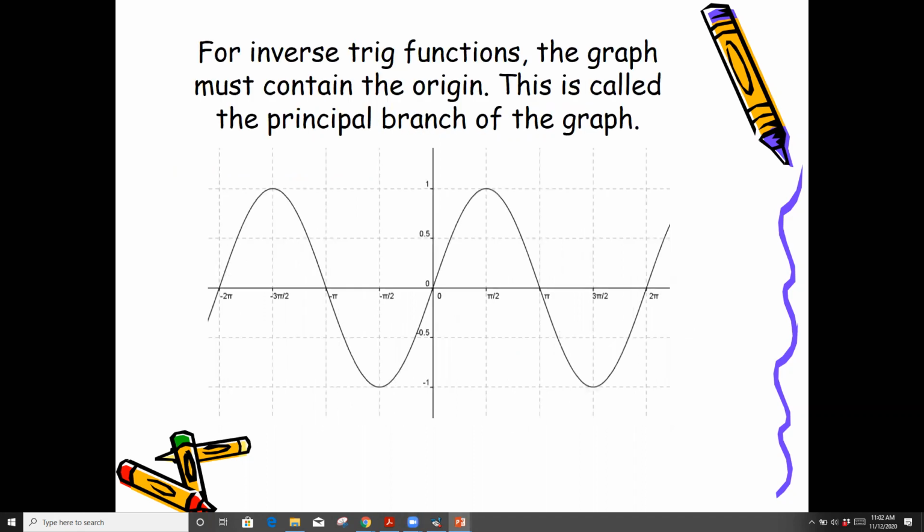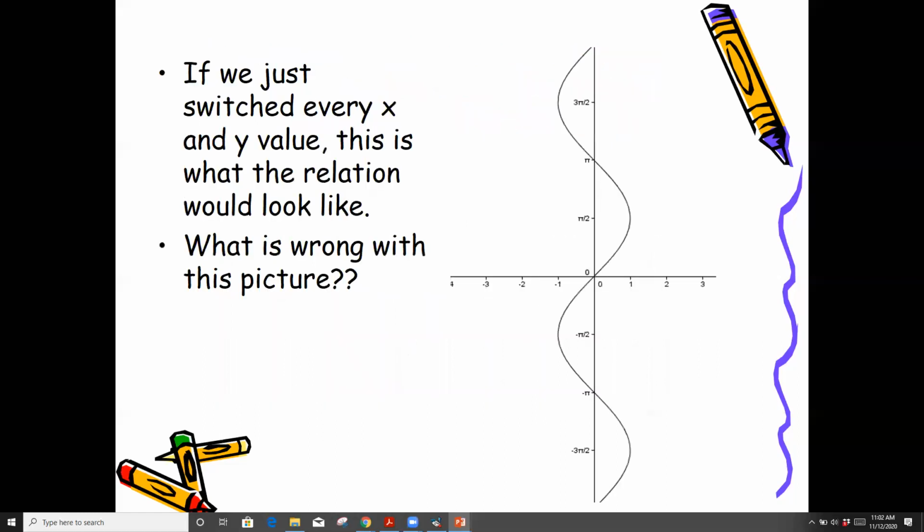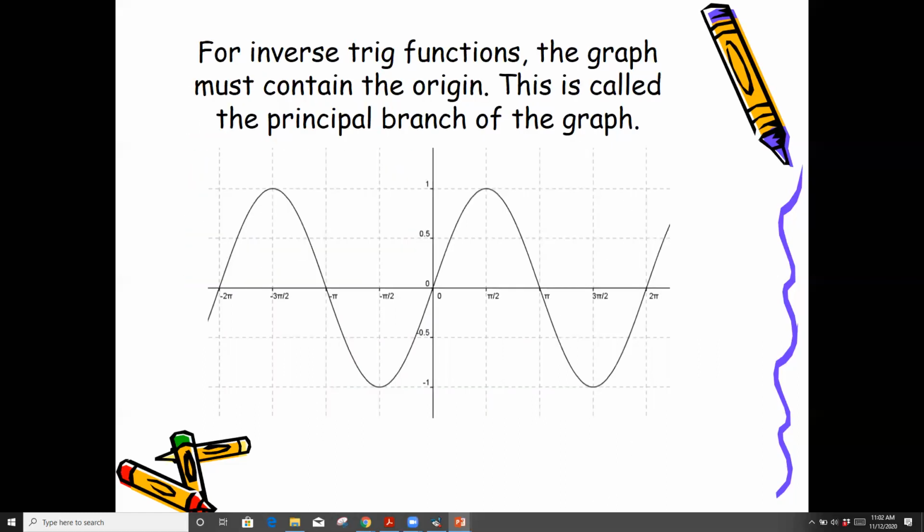All right, so for inverse trig functions, the graph must contain the origin. This is called the principal branch of the graph. So if we take this graph and just switch x and y, let's look at a couple points that we could plot. We're going to plot the point 0, 0. If you switch x and y, it's still going to be 0, 0.